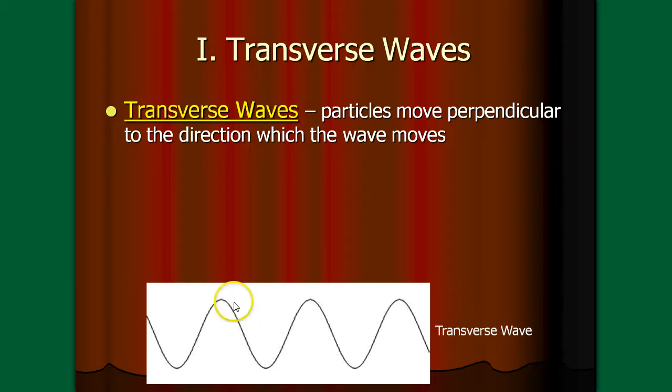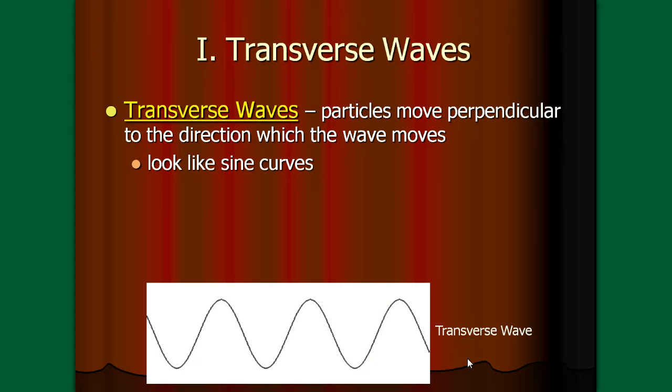So instead of moving to the right or to the left, the individual particles are going to move up and down. And I'll show you an animation, there we go, is the word I'm looking for, to show you a transverse wave and exactly how the particles behave in a transverse wave. A transverse wave looks like what's called a sine curve. You know what that is if you've taken pre-calculus or calculus.